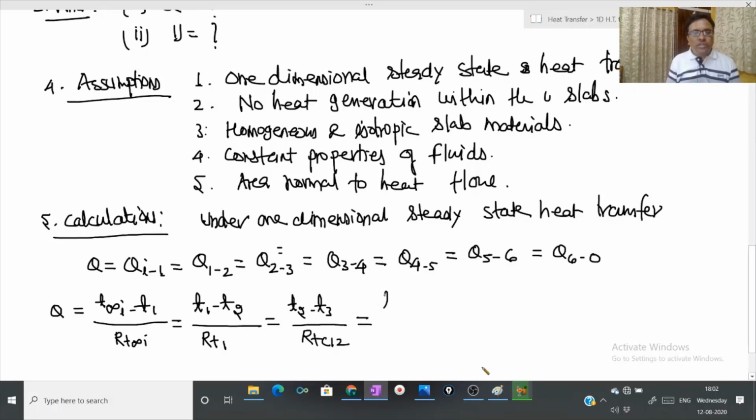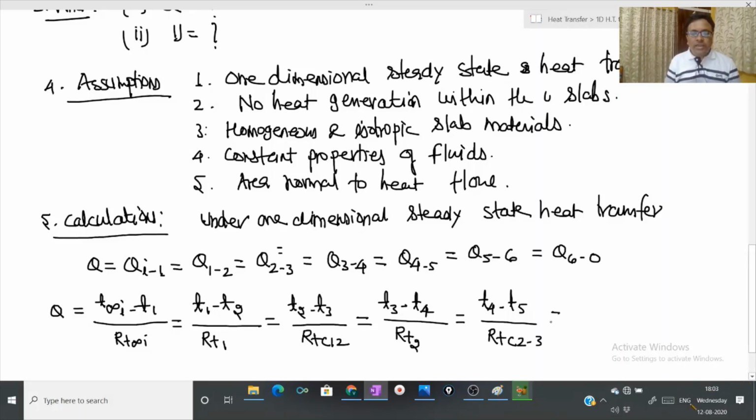Q34 is the rate of heat transfer from the fire brick material, T3 minus T4 over the thermal resistance of the fire brick RT2, will be equal to the temperature drop T4 to T5 at the interface 2-3, and this is due to thermal contact resistance at the interface 2-3.